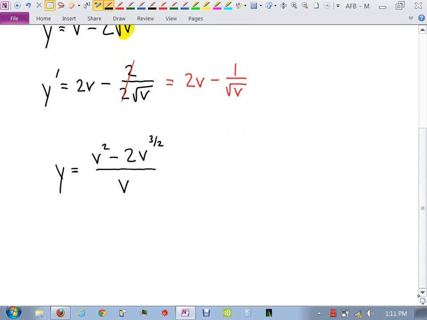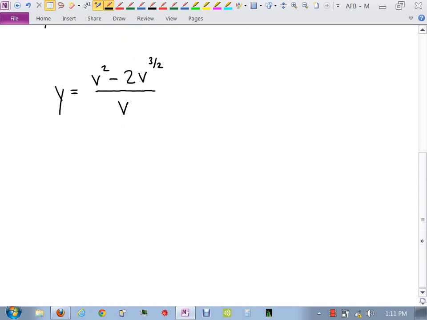So this is assuming that you started the problem by putting that v root v together. And so now we're going to look at the numerator as being your f, your denominator as being your g. And remember then the derivative of y will be f prime g minus g prime f all over g squared.